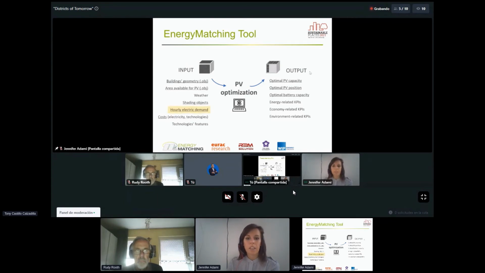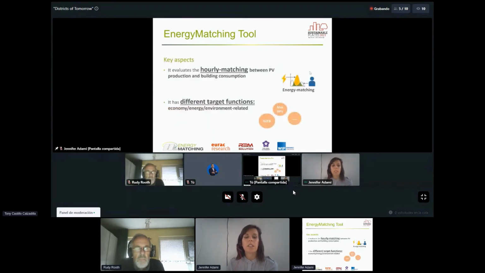Why do we have this hourly electric demand as input of the optimization? Because this tool is based on the hourly matching. It evaluates the hourly matching between the PV production and the building consumption. So it is able to calculate the expected energy that is directly self-consumed by the building.